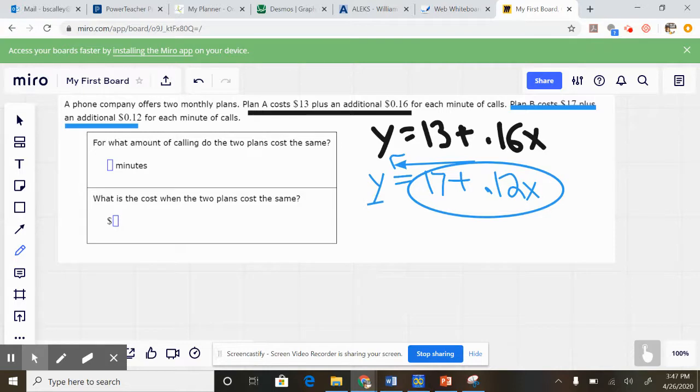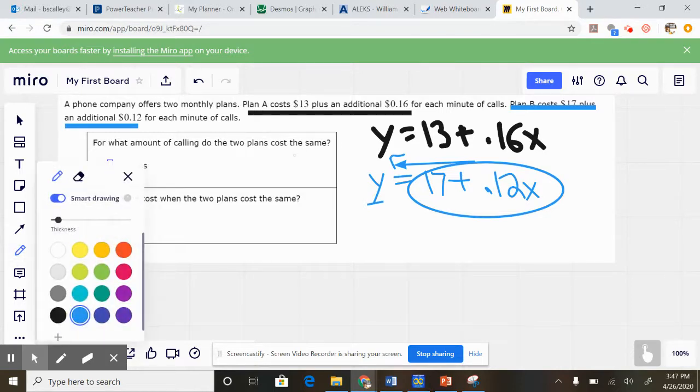That's weird that it automatically didn't arrow for me. But I can go ahead and rewrite that top equation. Now that I plugged in 17 plus 0.12x, it's going to look like this: 17 plus 0.12x equals 13 plus 0.16x.